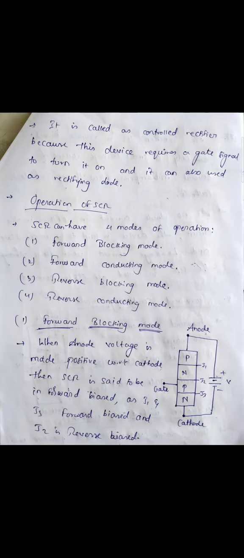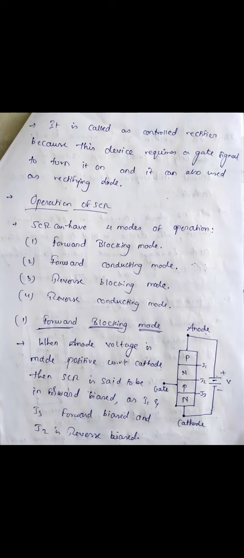In forward blocking mode, the positive terminal of the external source, the battery, is connected to the p-type, and the negative terminal is connected to the n-type. Then it is in the forward bias condition.